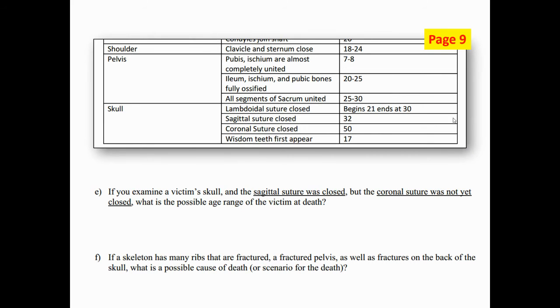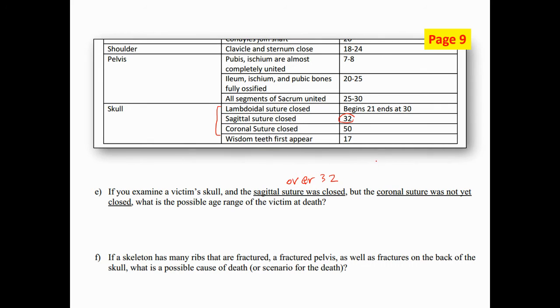Okay, moving on. We're going to need the page 9 reference tables for this part. If you examine a victim's skull and the sagittal suture was closed, do you have to know exactly where the sagittal suture is? You really don't, as long as you can find those words on this chart. Sagittal suture was closed. That happens at about age 32. So this person, we know from this, they are over 32.